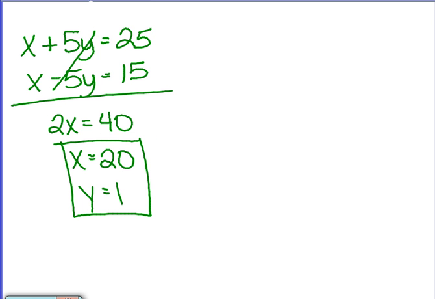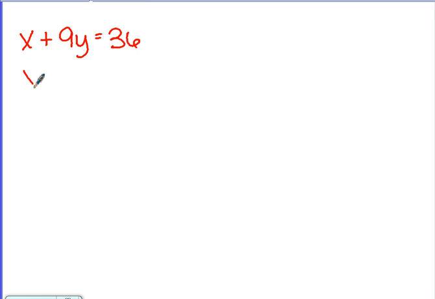Now that we've looked at those two, one that was linear and one that was nonlinear, I'm going to put two systems on the board. One is linear and one is nonlinear. Remember, for the linear, you're going to get one set of solutions. For the nonlinear, you're going to get two. The first one: x plus 9y equals 36, and x minus 9y equals 18.